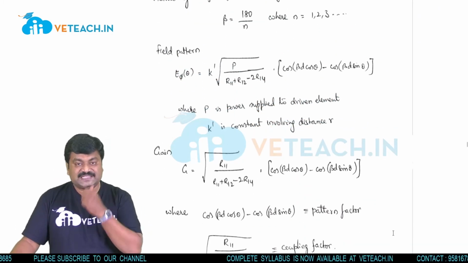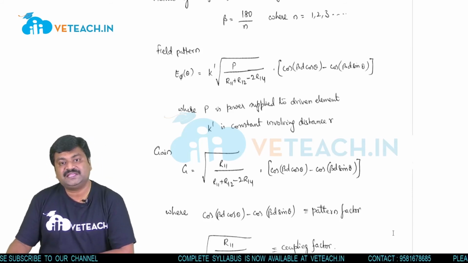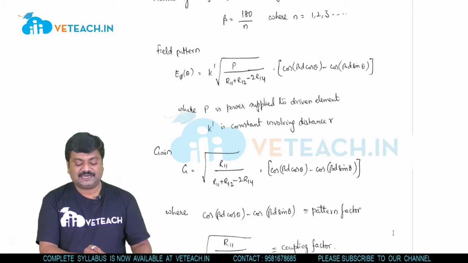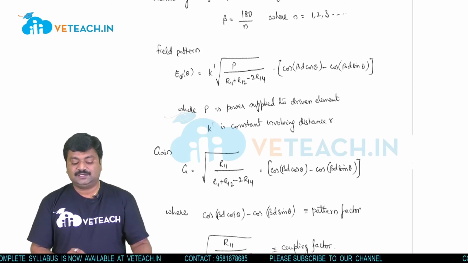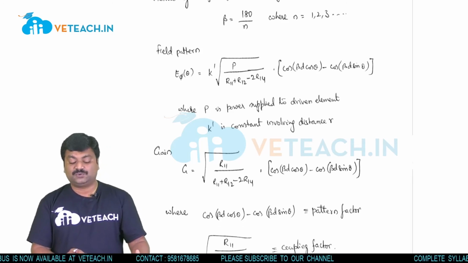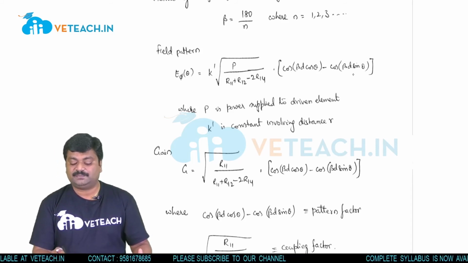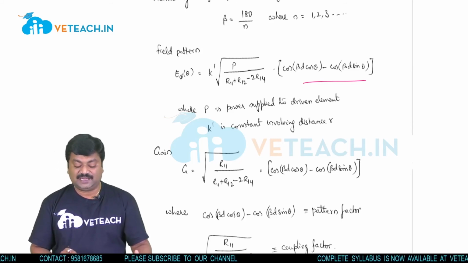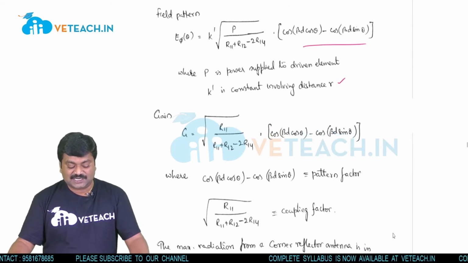And the field patterns that we need to study here are on the basis of equivalent circuits, or by making it a two-port network. So the field pattern here is given as E phi theta equal to k bar square root of P by (R11 plus R12 minus 2 R14) into [cos(beta d cos theta) minus cos(beta d sin theta)], where P is the power supplied and k bar is the constant involving the distance r.